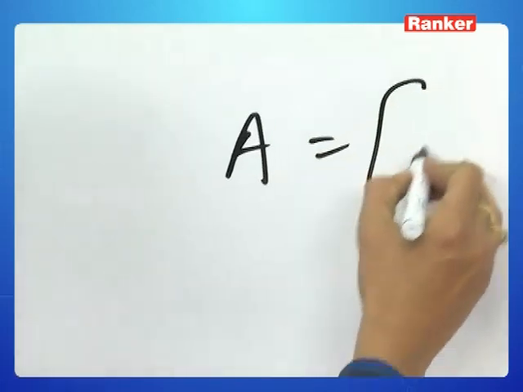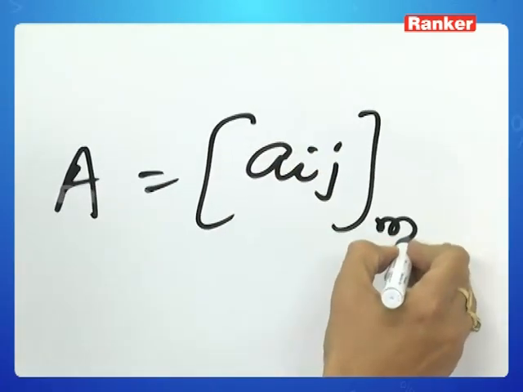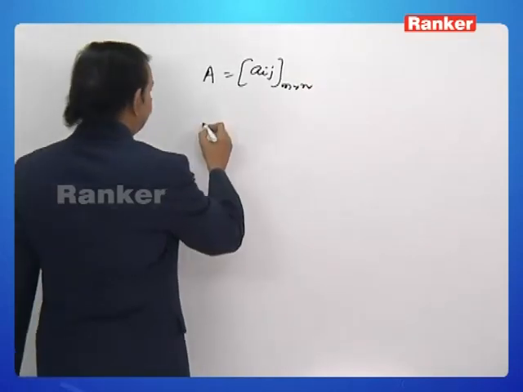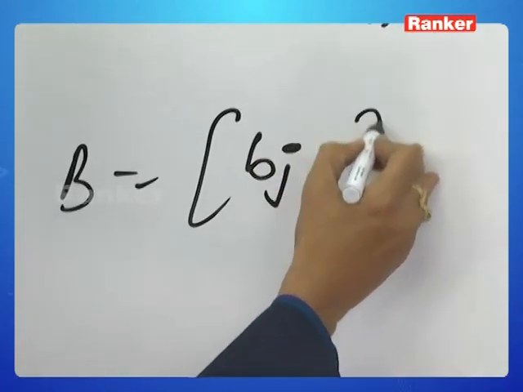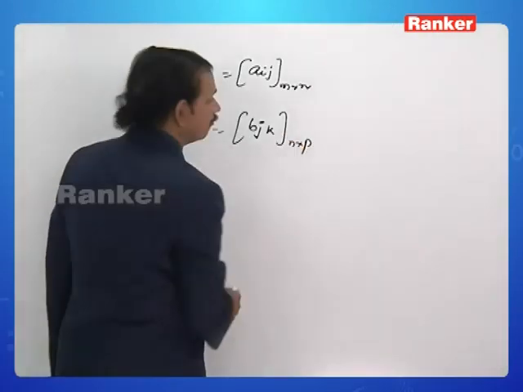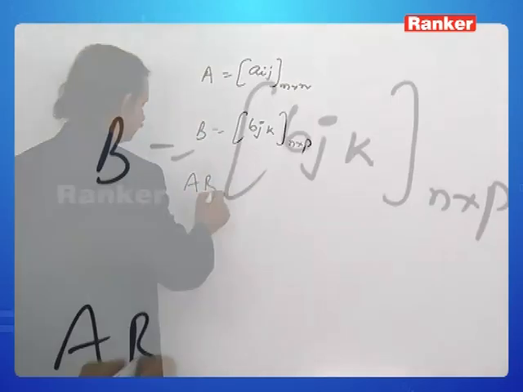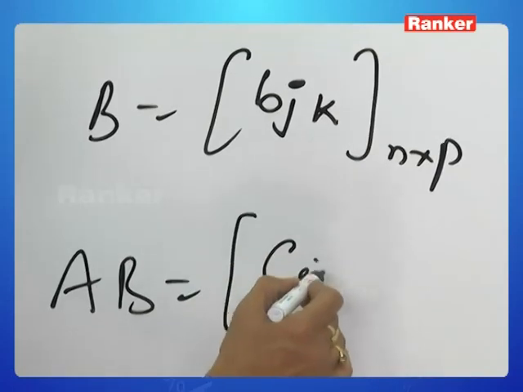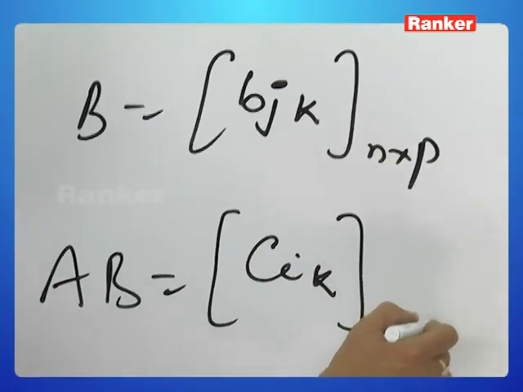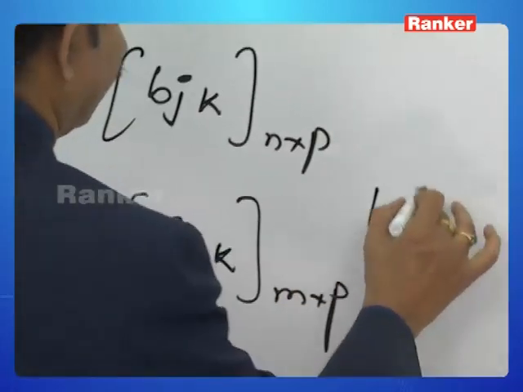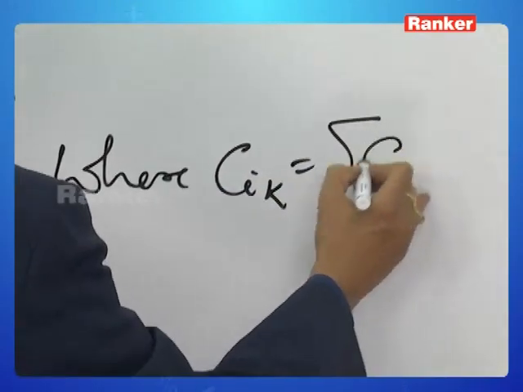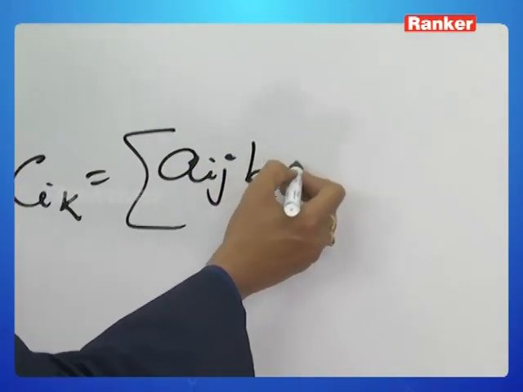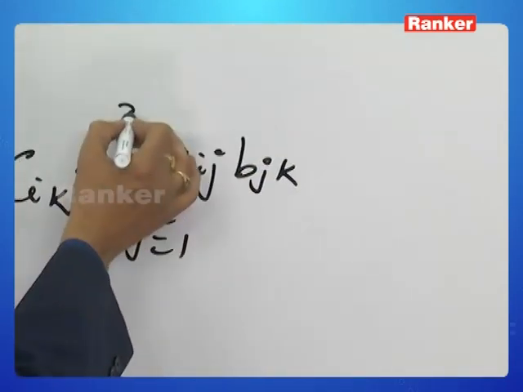In view of multiplication, if A is a matrix of the type m by n, B is a matrix of n by p, then the product AB is the matrix C_ik of type m by p, where C_ik is equal to the sum of a_ij b_jk, j running from 1 to n.